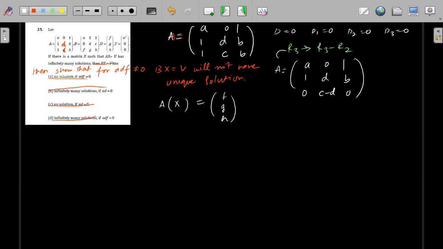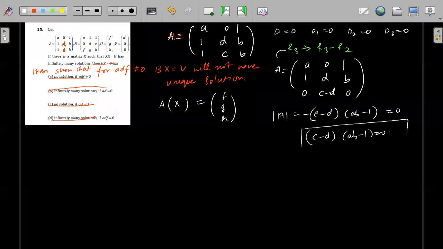So determinant of A will be C minus D into minus, this into minus AB minus 1. So this is AB minus 1, right? So first thing is that this should be 0. That means C minus D into AB minus 1 should be equal to 0. So this is the first condition we have got.